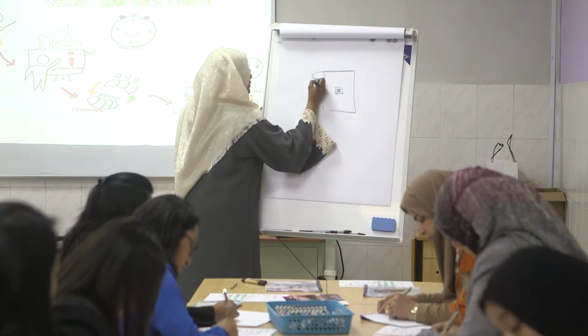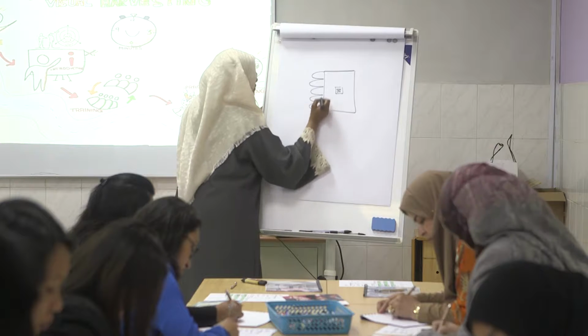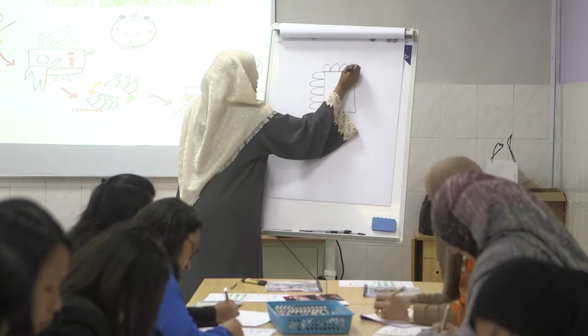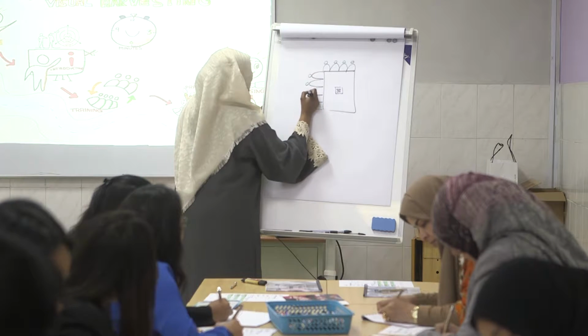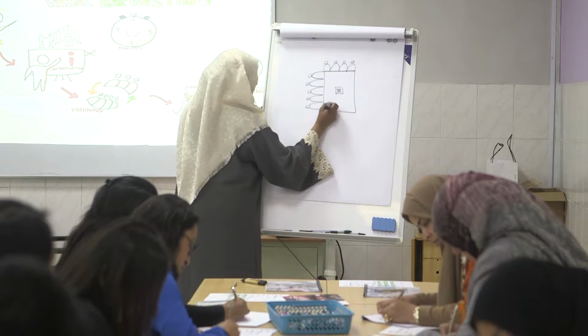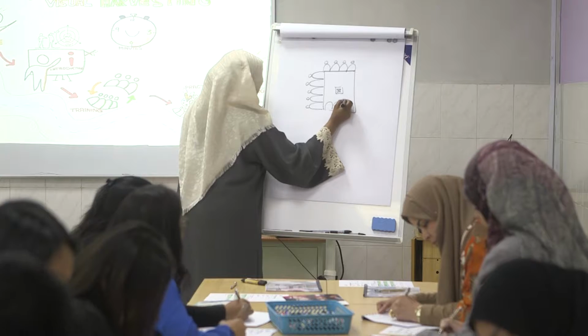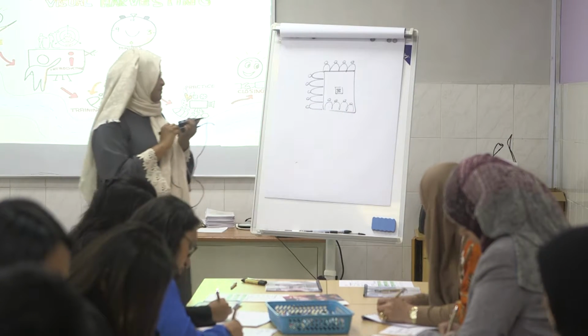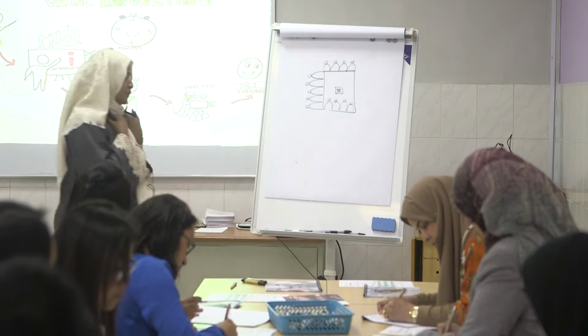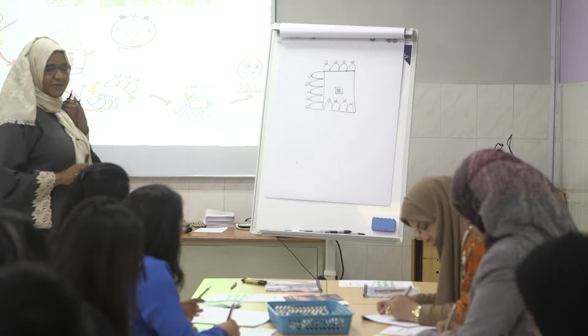Okay, so. And you can create your own. For example, you can do it this way. This way shows that a group of people are sitting around the table and they're discussing something.